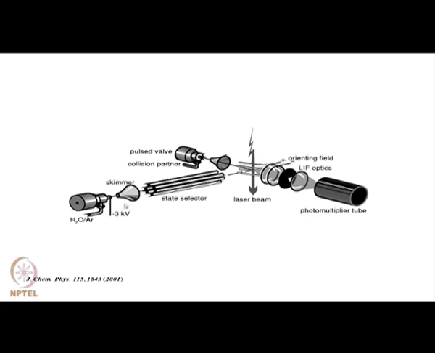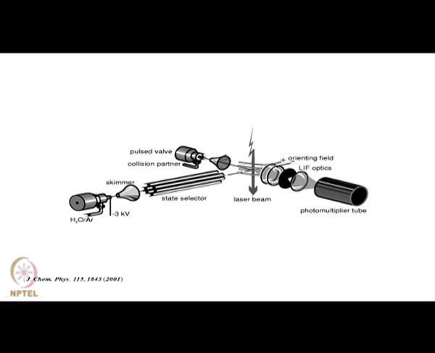H2 and argon are mixed and passed through an electric discharge so that OH is generated. Then this OH passes through a skimmer and through these hexagonally oriented plates, alternately plus and minus. It is basically a selector, and so it generates one partner, a state selected partner.